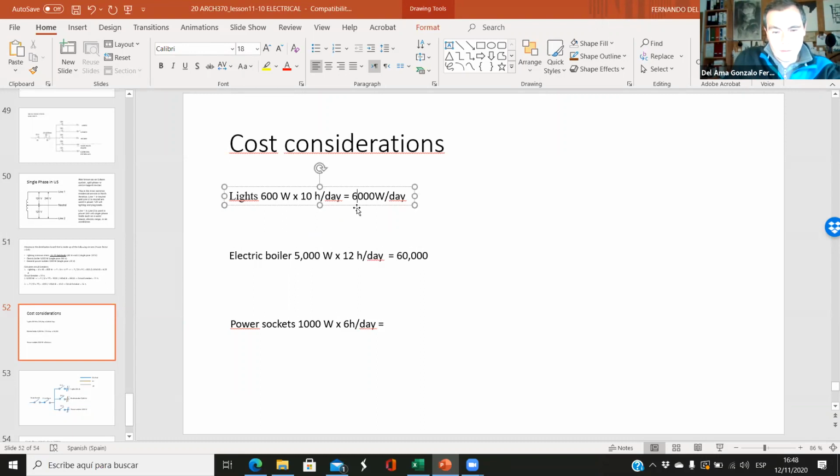This is 6,000 and power socket, 6 hours time. So this is 60,000 units. Watt hours, sorry, it's not watts. So we have watts times hours. So it's watt hours per day. So those are the units.